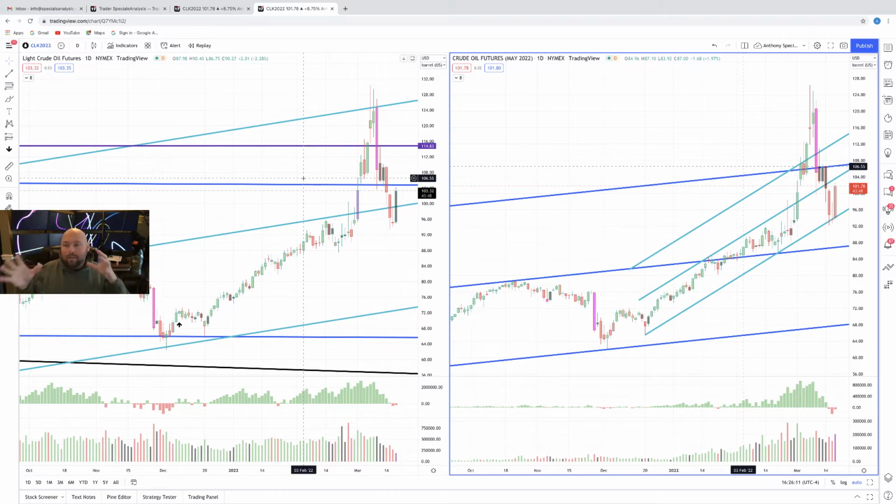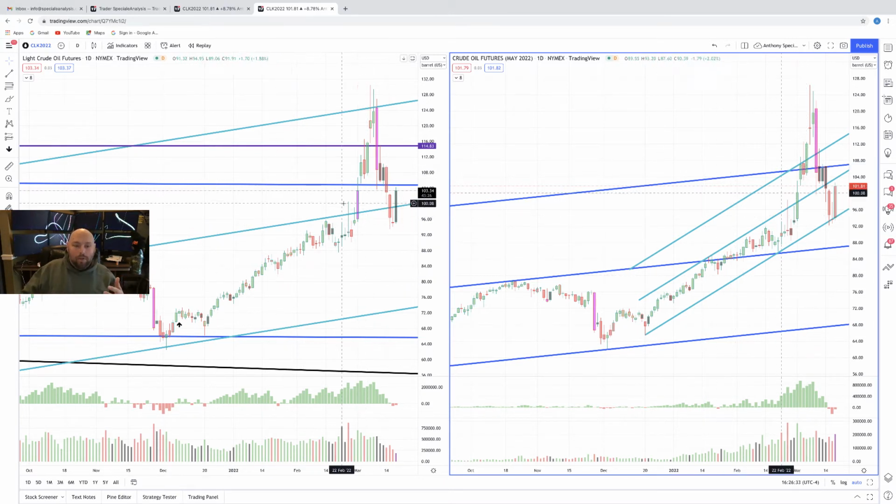So when you build these analyses, when you draw these lines, when you build your channels, when you determine where these areas of support and resistance are, you're really working off of past price action. So if you can generate the roadmap that the market offers you, you can then in turn know where price is likely to stall, reverse, or accelerate from in the future. And that's exactly what we get.